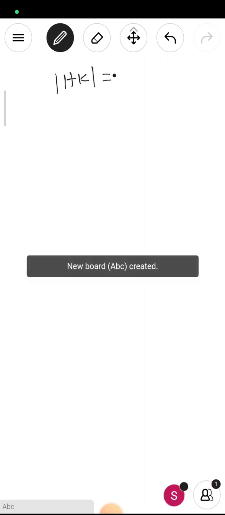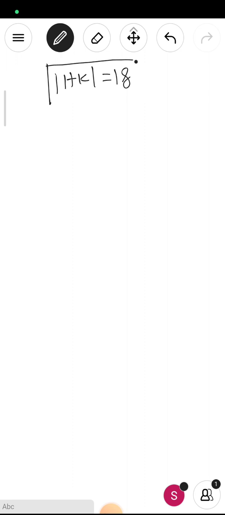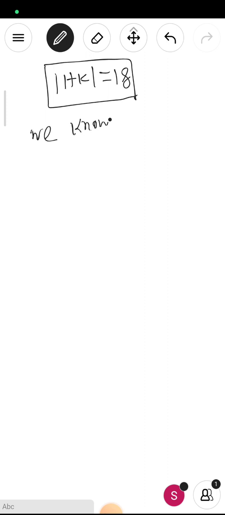So we get the order of HK equals 18. But we know that HK is a subset of A4.